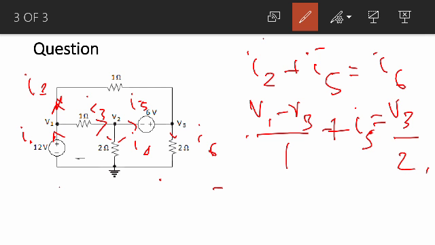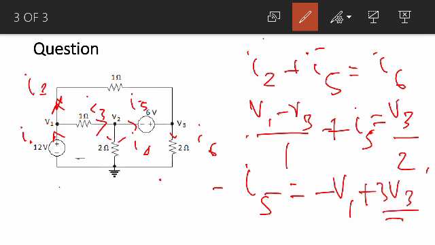Now, if I am to make I5 the subject of the formula, I5 is going to be equal to minus V1 plus 3V3 over 2. So you can write it down somewhere.